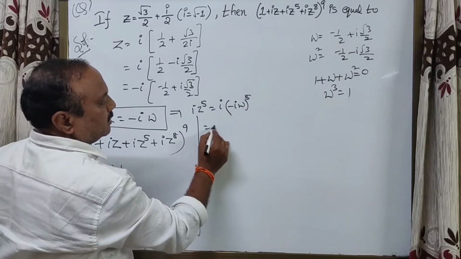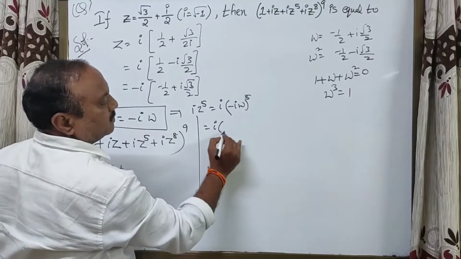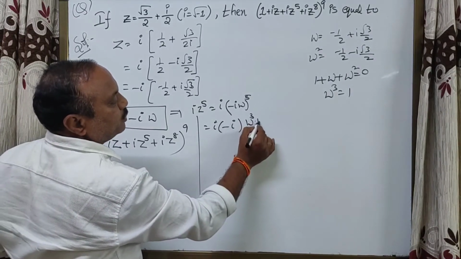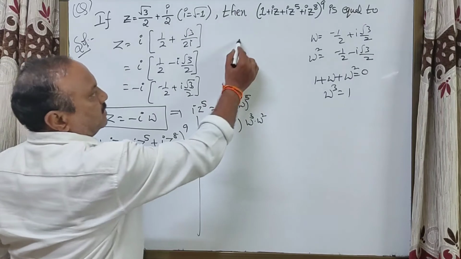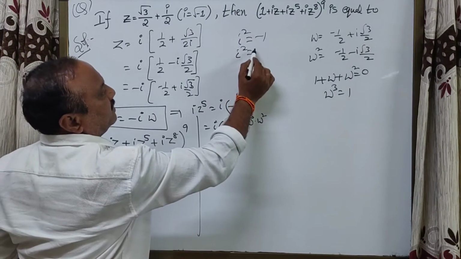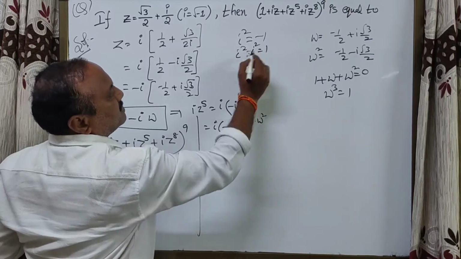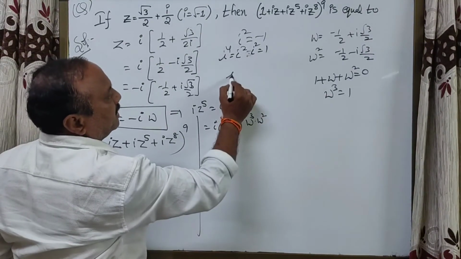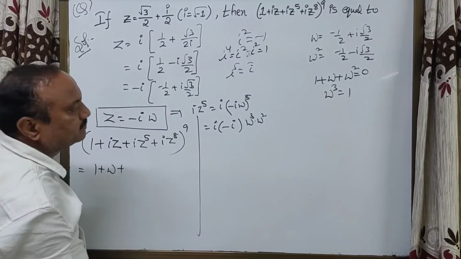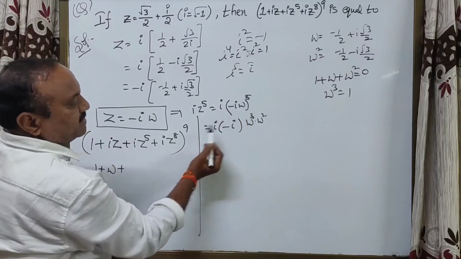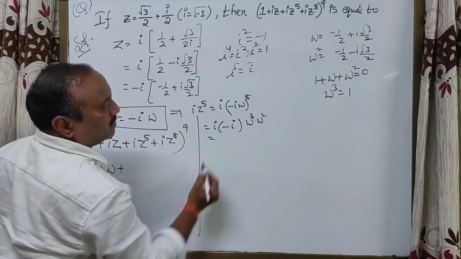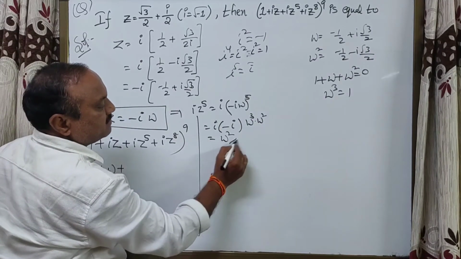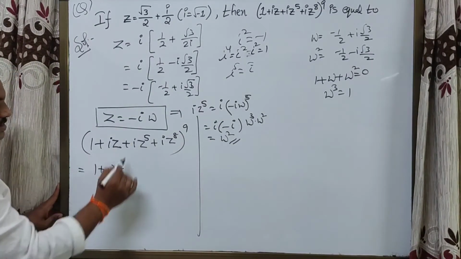Dear students, i⁵ times (-i)⁵ times ω⁵, that is ω³ into ω². See, i² is -1, i² into i² is 1, that is i⁴, multiply with i⁵ is i. Minus whole power 5 is minus. ω³ is 1, i into i², this total value becomes ω². This value is ω².